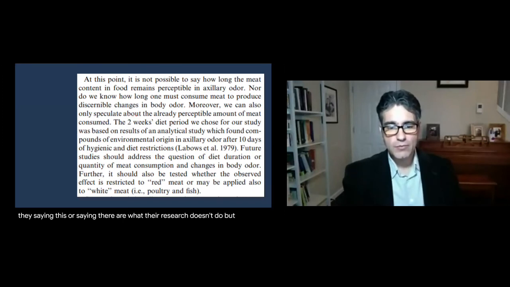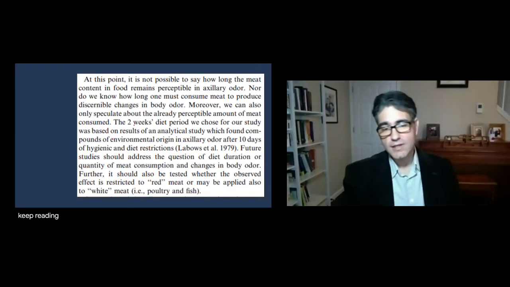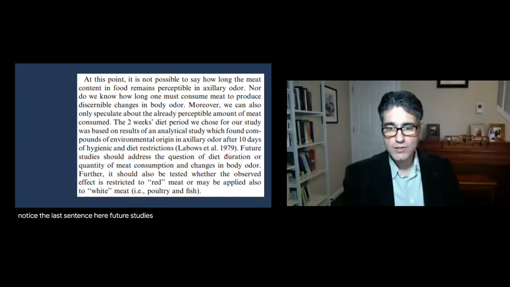But if you keep reading, they go on and say the 2 weeks diet period we chose for our study was based on results of an analytical study. But then notice the last sentence here: future studies should address the question of diet duration, quantity of meat consumption and changes to body odor. Further, it should also be tested whether the observed effect is restricted to red meat or may be applied also to white meat.